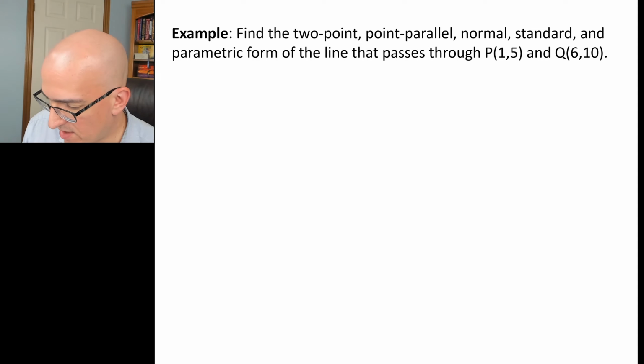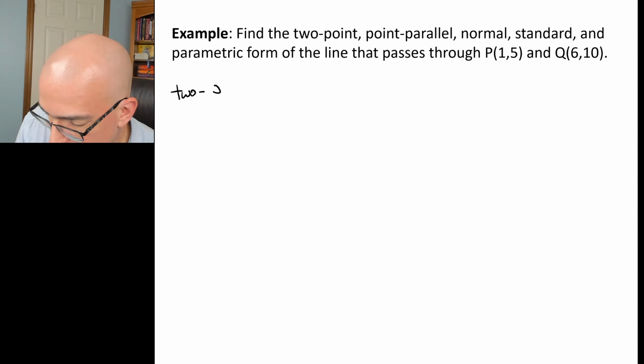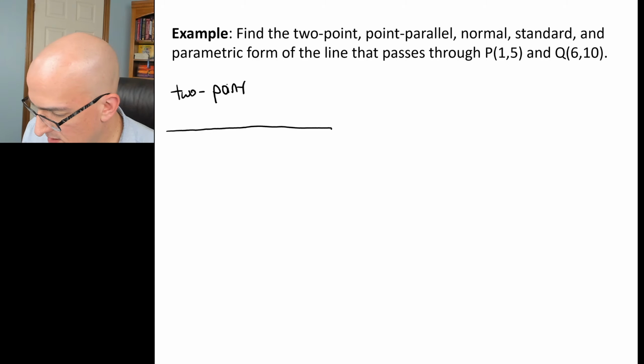I'm going to make boxes starting with the 2 point because it's the easiest. So it doesn't need a lot of space. And then point parallel is the next easiest. Maybe you need a little more space than that.